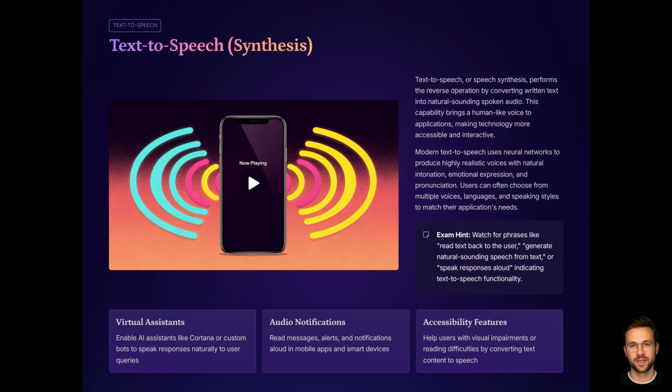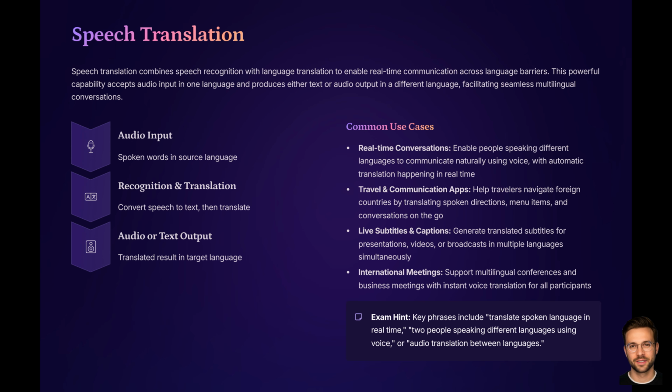Another key feature for the exam is speech translation. Speech translation combines speech recognition with machine translation. It allows you to take audio spoken in one language and produce text or audio in another language. For example, convert spoken English into spoken Spanish. Convert spoken French into written English text. Support real-time voice conversations between people who speak different languages.